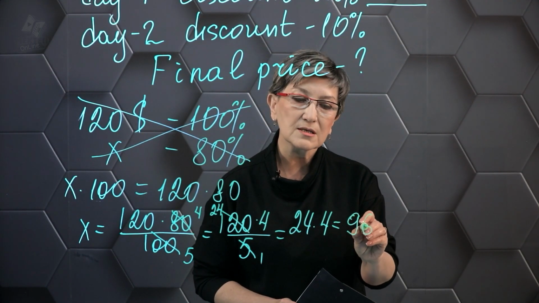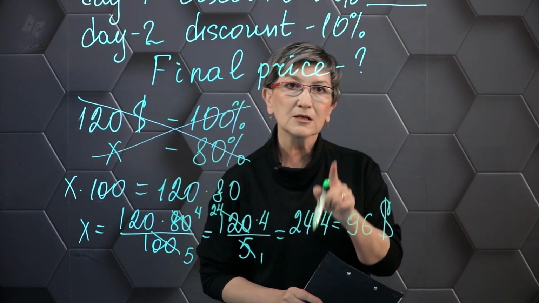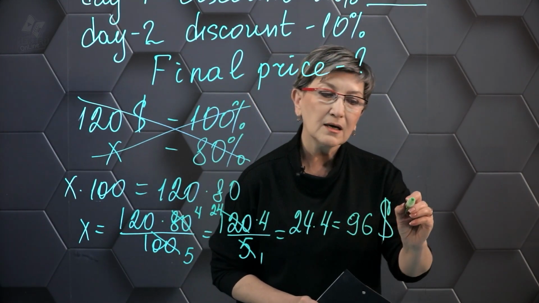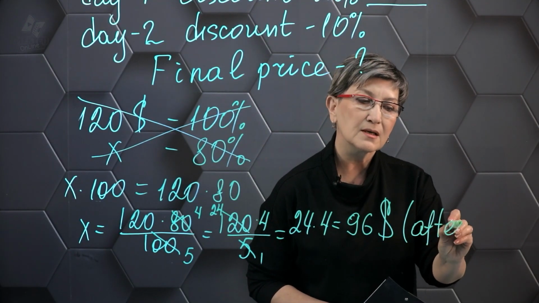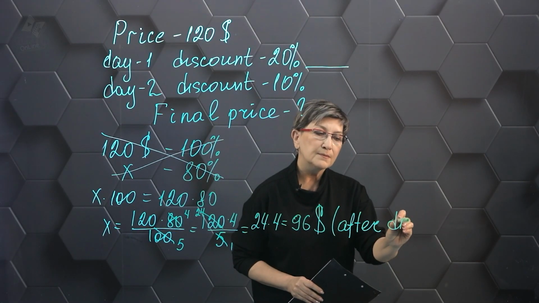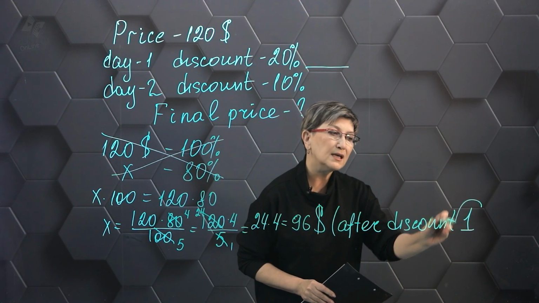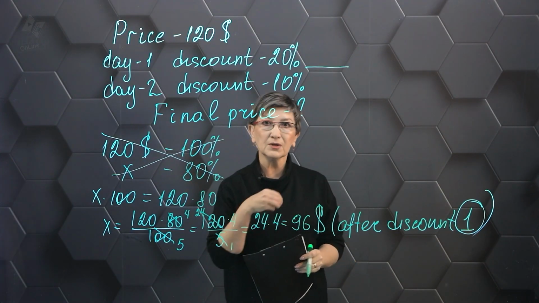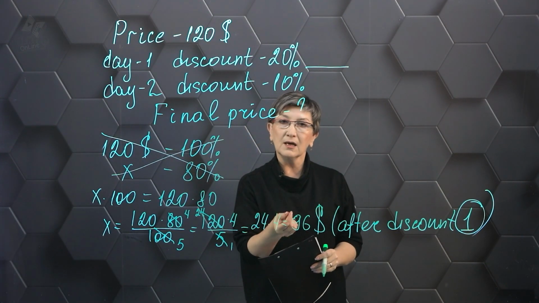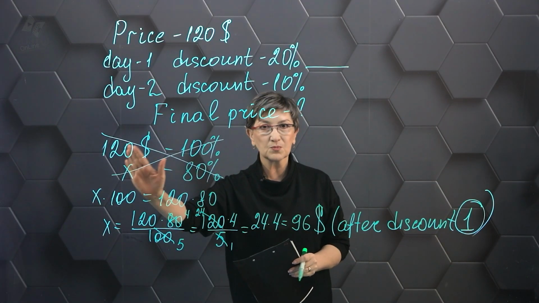So $96 for this product after the first discount, and that's very important because the second day there was another discount, and then it's 100%, so we're using the same method.